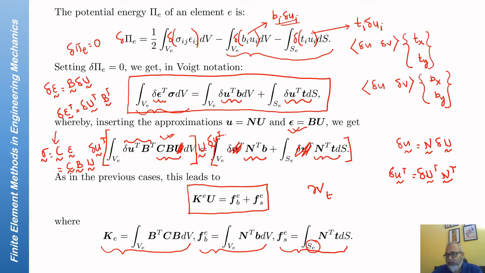So from now on, we will assume that you understand the assembly process, the process of putting in boundary conditions and solving. Assuming that, we will now only concentrate on deriving the local stiffness matrix. And that is what we will do in a problem for three-noded triangles in the next lecture.